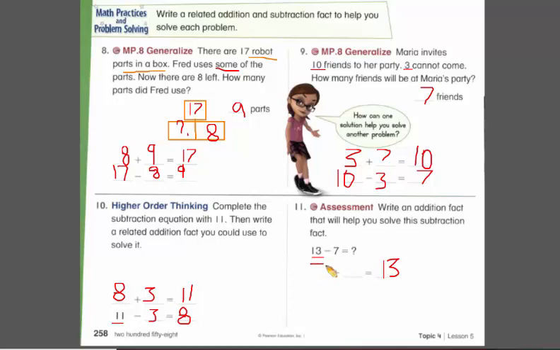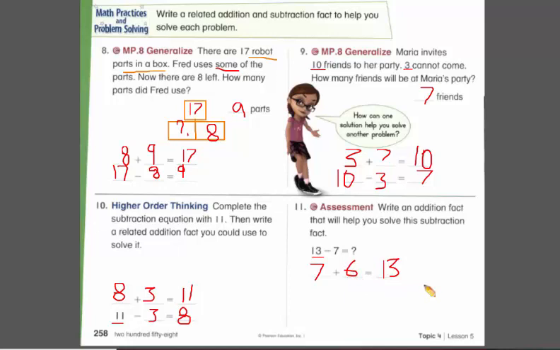The part I know is 7. So what is the missing part? I will count on after the part I know to get the whole, or the sum. So 7 plus how many equals 13? Start counting after 7: 8, 9, 10, 11, 12, 13. So 7 plus 6 equals 13.